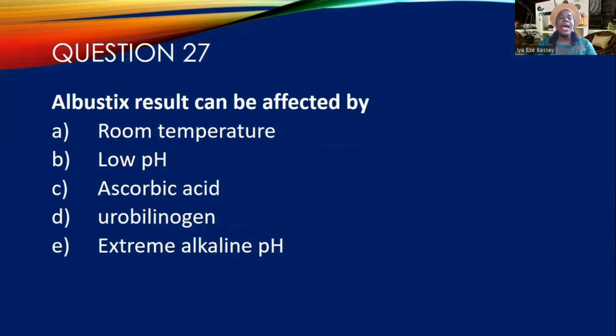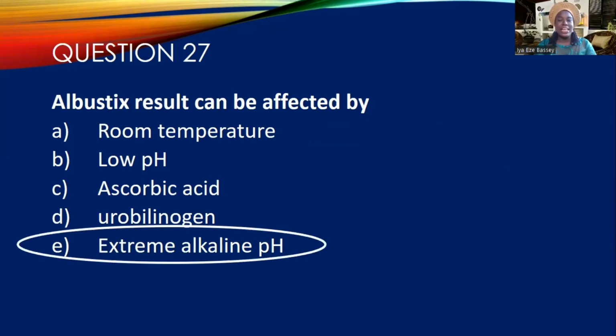27. Albustix results can be affected by A, room temperature, B, low pH, C, ascorbic acid, D, urobilinogen, E, extreme alkaline pH, and that is the answer.